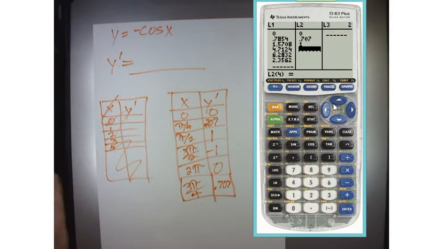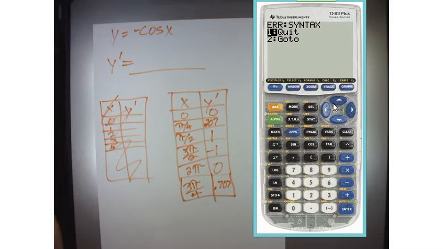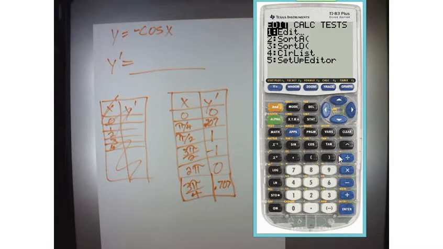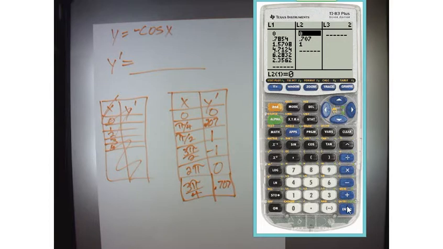Now we're going to come up to the top here, and we've got 0.7071, negative 1. I got kicked out there. Negative 1. Oh, wrong negative sign, that's why. Negative 1. Then we have 0, and then is it 0.707 or negative 0.7?